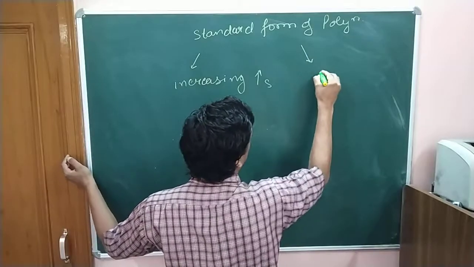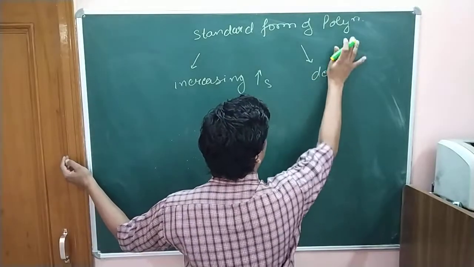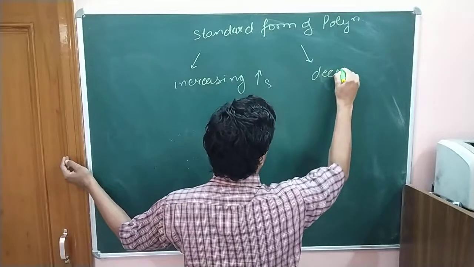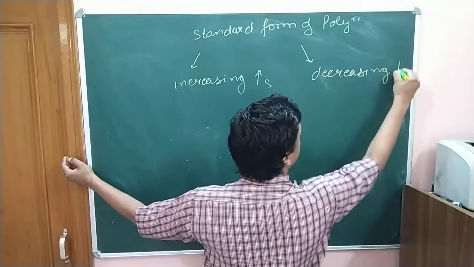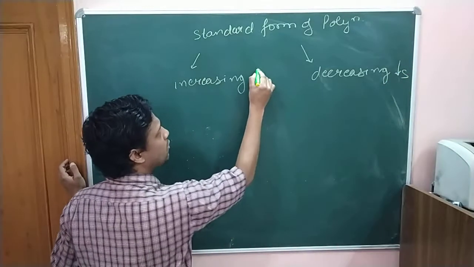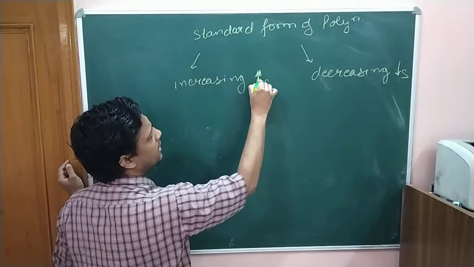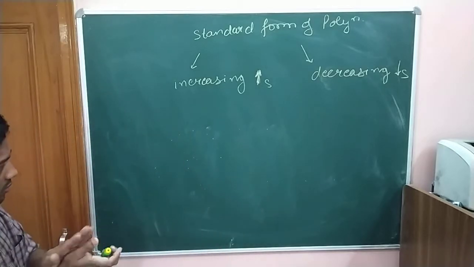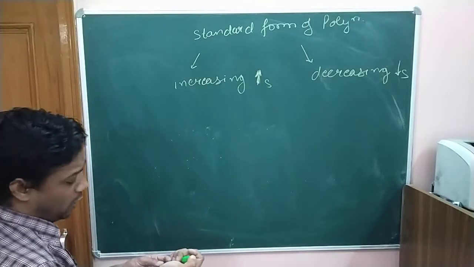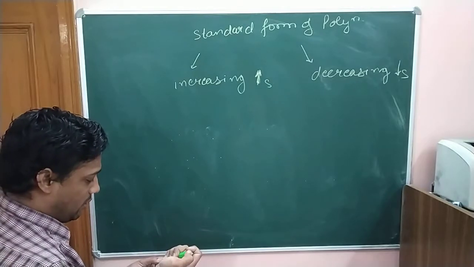Second is decreasing order. The upward arrow represents the increasing order and the downward arrow represents the decreasing order. Now, how can you write the polynomial in increasing or decreasing order?